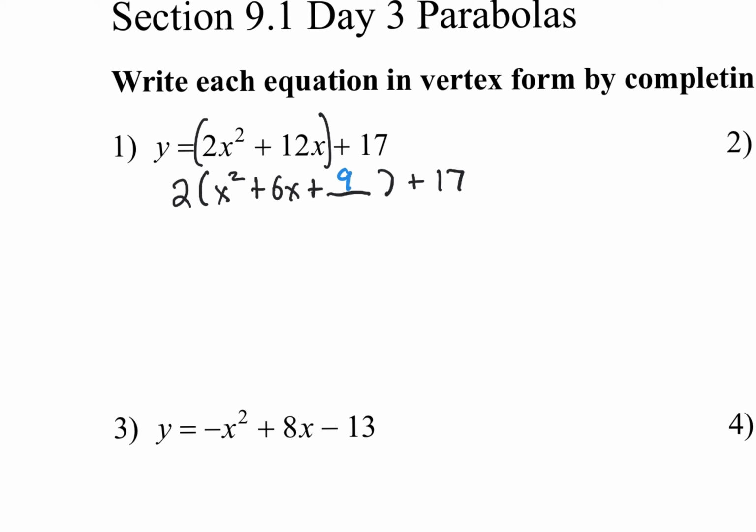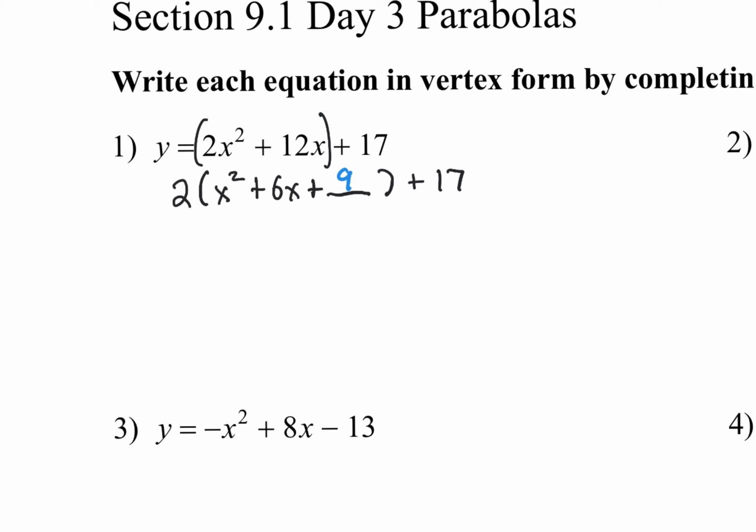So what have I really added in there? I've really added in 18, not 9, because I have to distribute that 2 back. Now, we're not going to distribute that 2 back in there because we've got to factor still. That's why I didn't want you to write this down. But I wanted you to see that though it looked like we were only adding 9 in there, we're actually adding 18 in there.